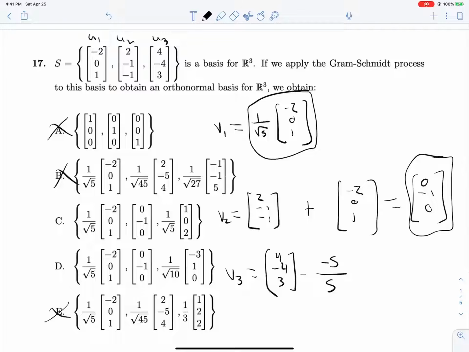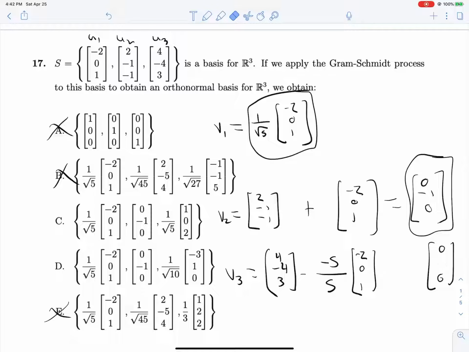And we know that the dot product of v1 with itself gives us 5. We're multiplying that by v1, so negative 2, 0, 1. And then we're subtracting from that the dot product of v2 and u3, which is 4, over the dot product of v2 with v2, which is 1, multiplied by v2, 0, negative 1, 0.